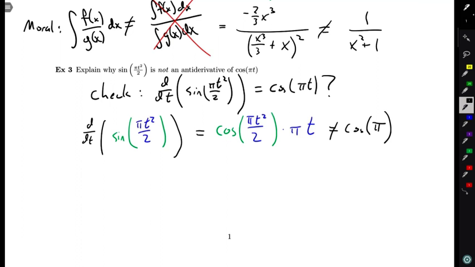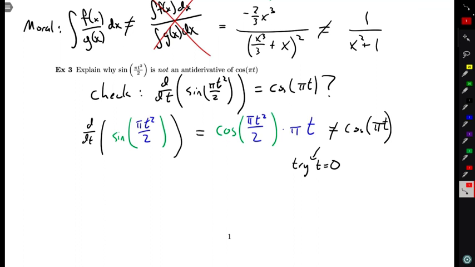In particular, you can evaluate at t equals 0 to check this one. Because when t equals 0, the left-hand side works out to be 0, but the right-hand side works out to be 1. So these are certainly different functions.